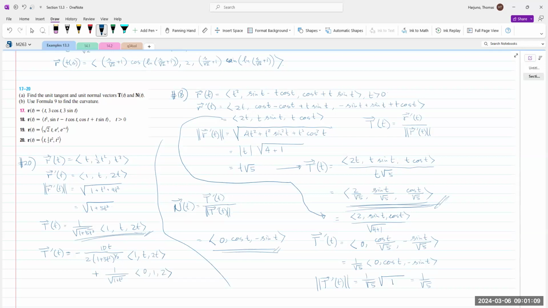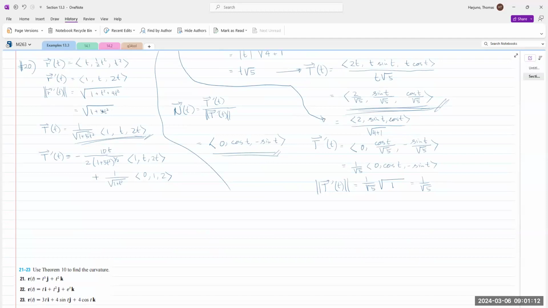Notice that I basically do product rule here.